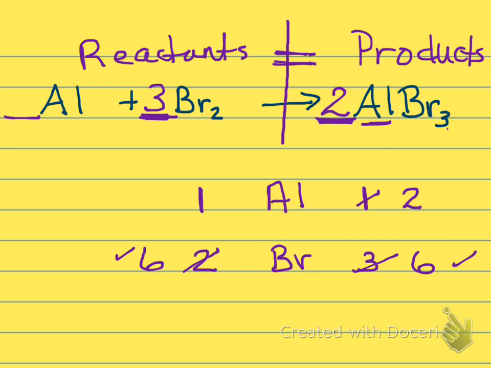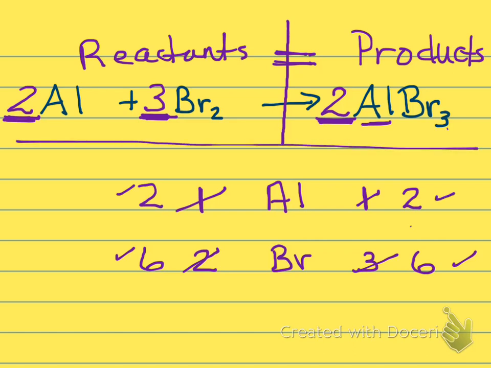My aluminum are not balanced. I've got 2 aluminum in my product side. I've got 1 aluminum in my reactant side. So I need to add a coefficient in front of aluminum to give me 2. So if I put a 2 here, now I have 2 aluminum. So this is balanced. So this gives me a balanced chemical equation.